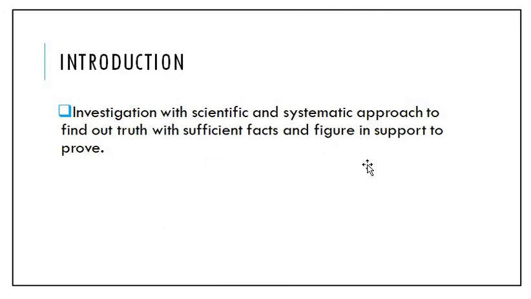Introduction. What is a research? It is a scientific and systematic approach for finding the truth with sufficient facts and figures in support to prove it. A systematic approach includes various ways to go about doing the research, also known as research methodologies.